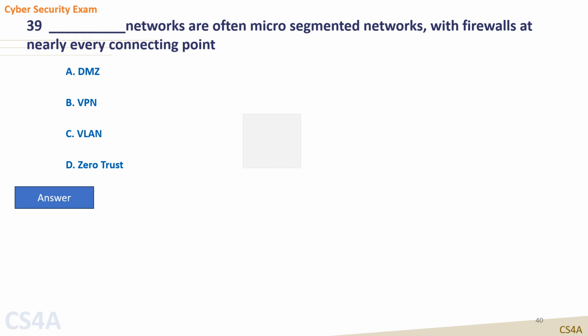And VLAN is a virtual LAN that is used to create a logical LAN inside a network using a layer 3 switch. And we can say that this is a micro-segmented network, but it won't provide any firewall at every connecting point. So VLAN is not the correct one. So zero trust is the correct answer because zero trust involves setting up the environment in a segregated micro-segmented network and setting up firewalls at nearly every connecting point. So the answer is D.